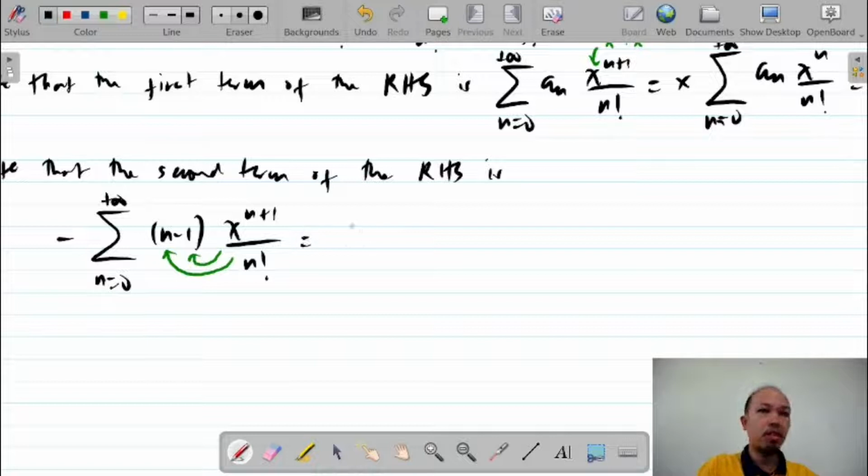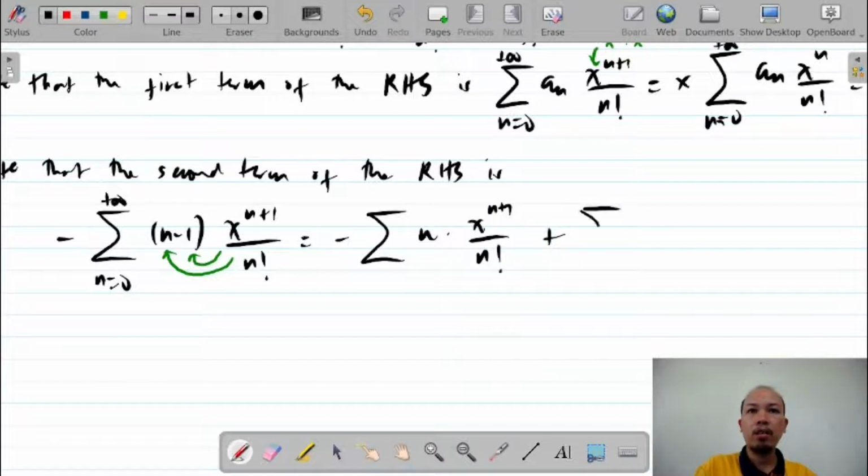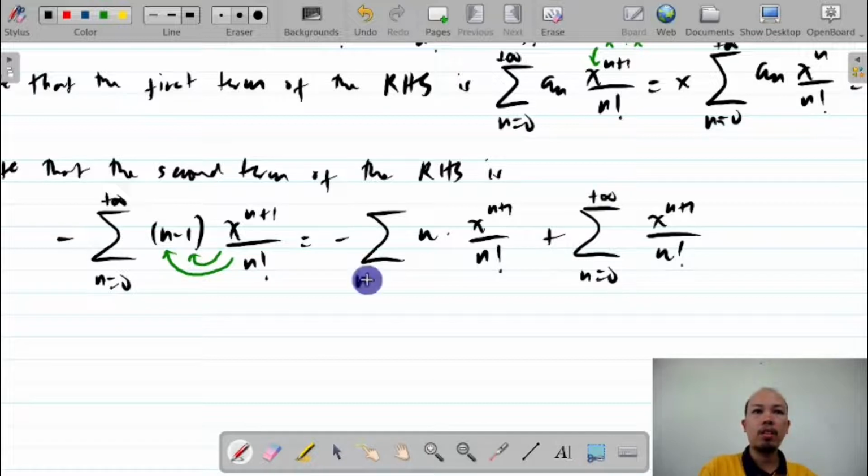So this is the negative of the summation of n times x to the n plus 1 over n factorial, plus the summation of x to the n plus 1 over n factorial, n starts from 0 to positive infinity.